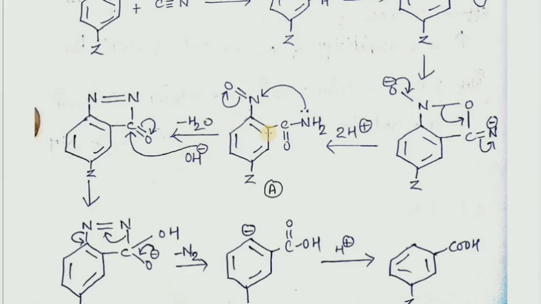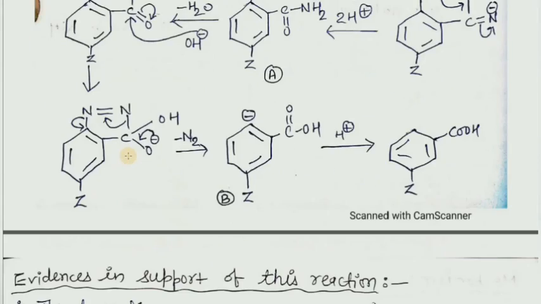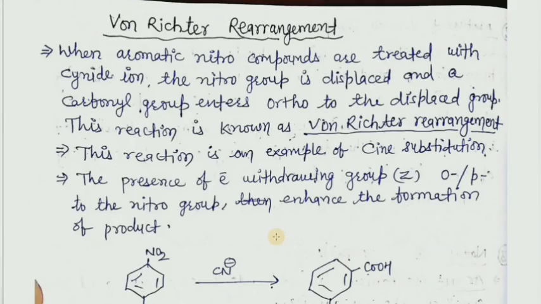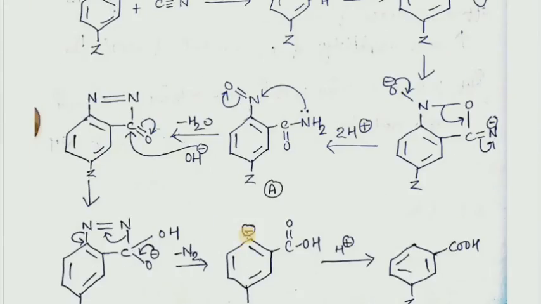So the bond between nitrogens forms during this step. In the next step the nitrogen gets eliminated and we get a carbanion. In the last step H plus gets attached to the carbanion and we get our main product. So this is the overall mechanism of von Richter rearrangement.